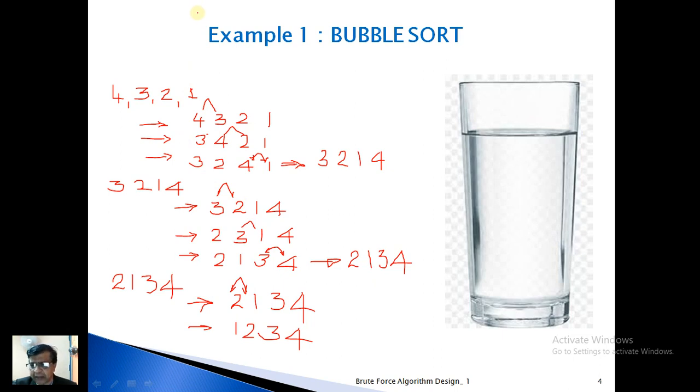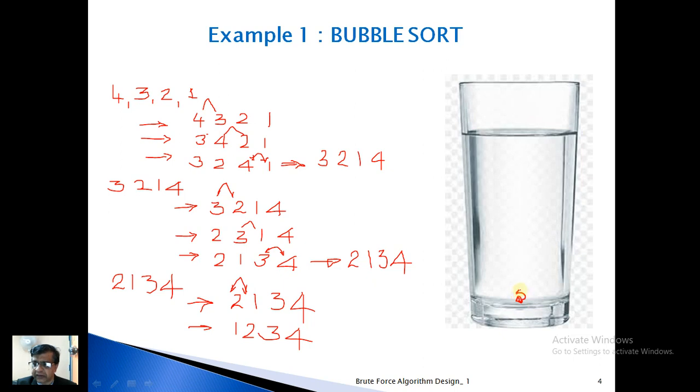As a first example, we will take up bubble sort. Bubble sort is so named because it vaguely mimics the rising of an air bubble contained in a glass of water. If this is the air bubble, it rises very quickly. How? There is a physics behind this.